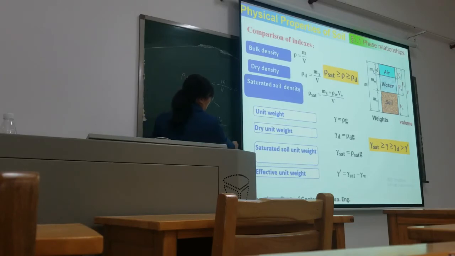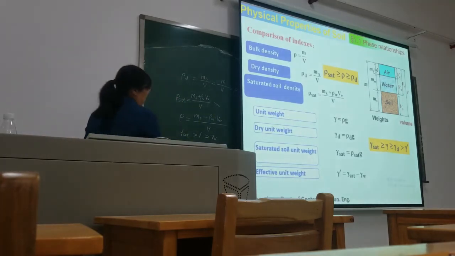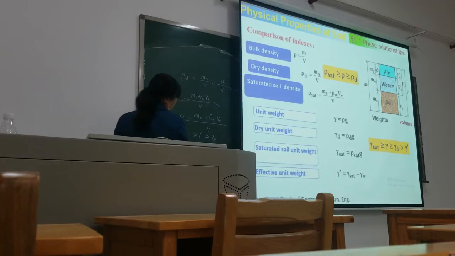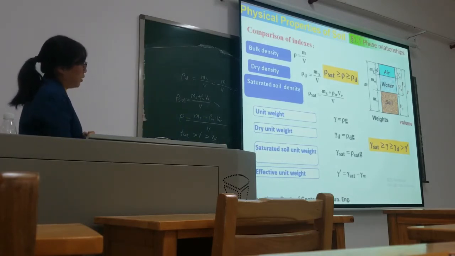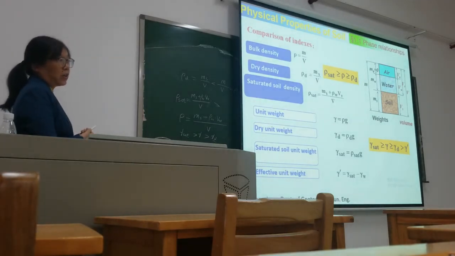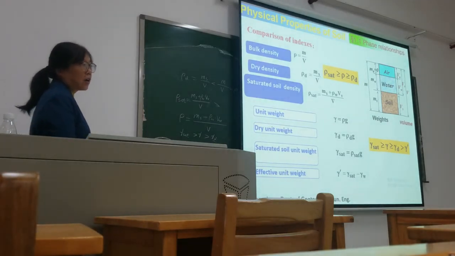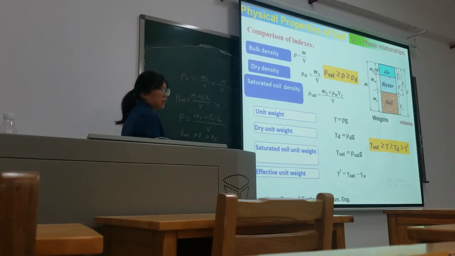But with the effective unit weight, why is the dry unit weight more than effective unit weight? Okay. Why?